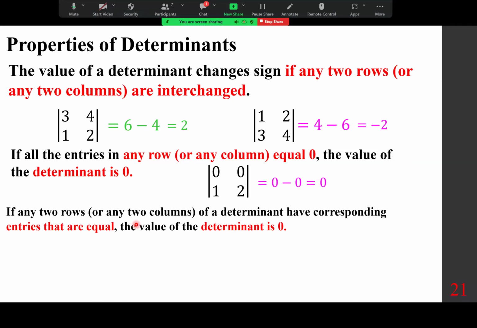If any two rows or any two columns of a determinant have corresponding entries that are equal, the value of the determinant is 0. For example, notice these two are identical. Because the two are identical, if you work it out, it becomes 0. So you are going to expand it with respect to this one. If you cross this one, you get 1 times whatever is left.